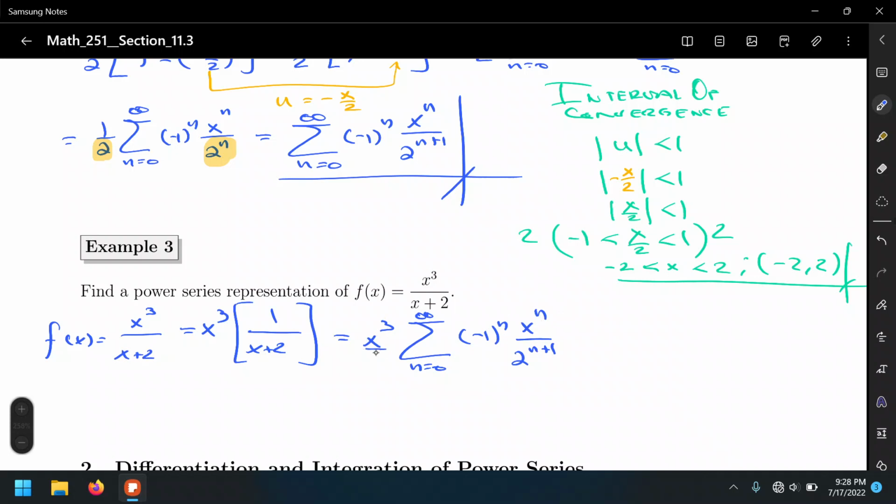Technically this is x cubed over 1, and I'm going to multiply x cubed times x to the n. When we have the same base, we add the exponents. That is the sum from n equals 0 to infinity of negative 1 to the n, x to the n plus 3, over 2 to the n plus 1. Final answer.